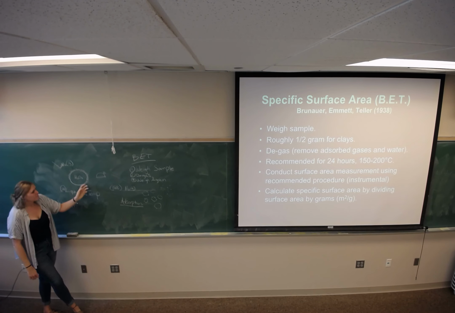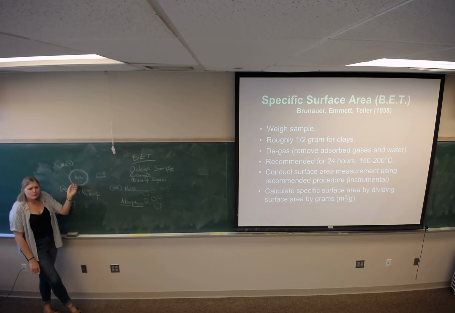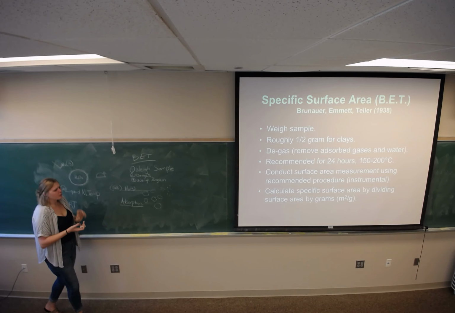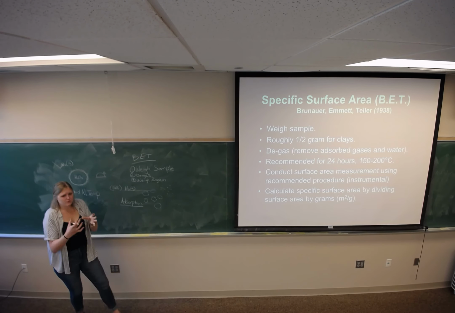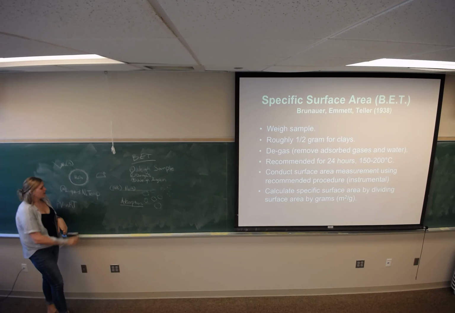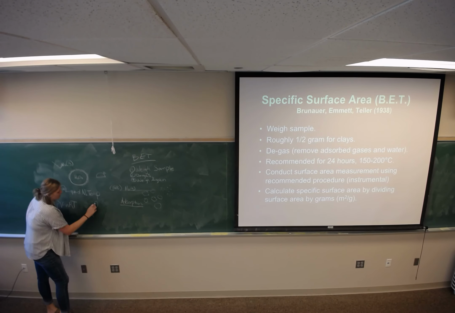And with the BET method, it also doesn't matter what shape your particle is. A lot of the different things you're going to talk about, like how we measure particle size distribution, all assume spherical particles. But with this method it doesn't matter at all, because even if you have a wonky shape, your molecules are still going to adsorb on the surface no matter what.